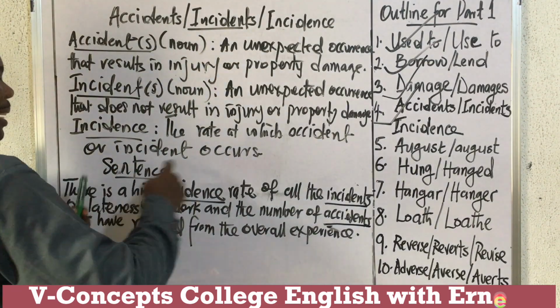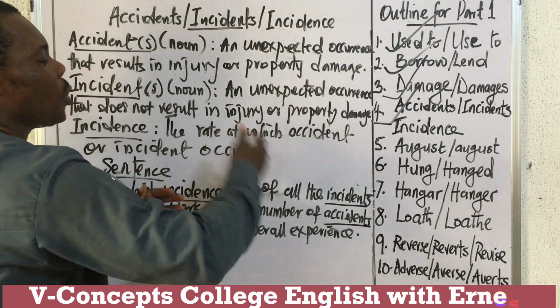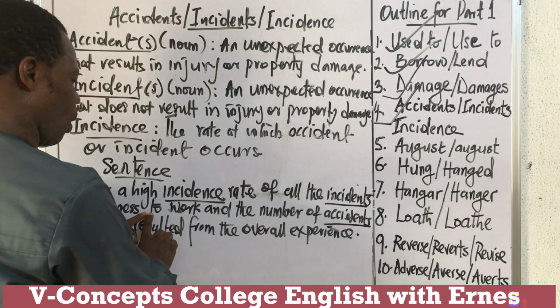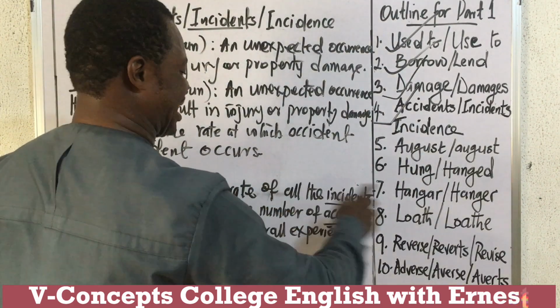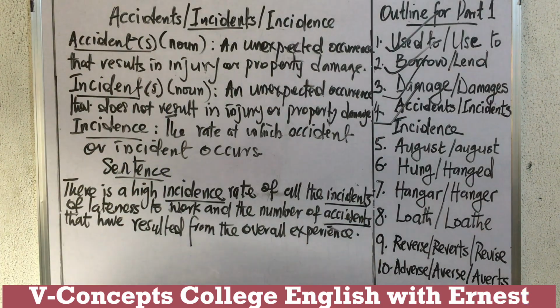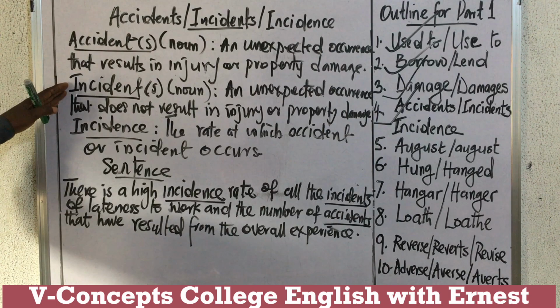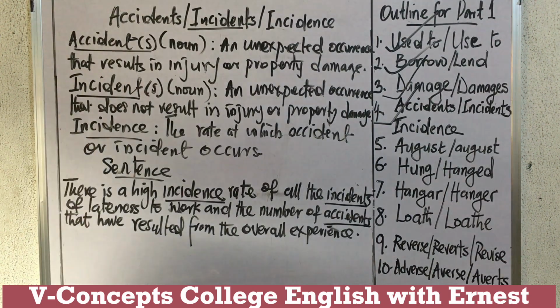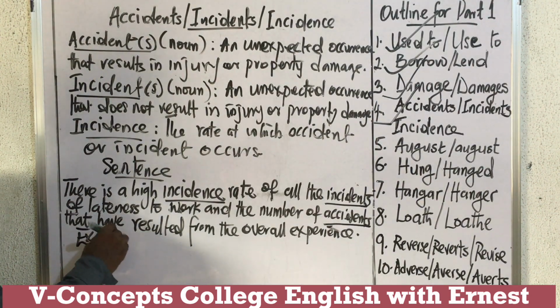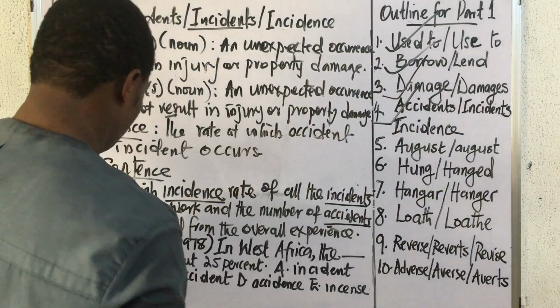This means there is a high counting number of all the experiences of people coming late to work and the accidents that have occurred as a result of lateness to work. So this is how we use accident, incident, and incidence. So now let's have an example and see how these elements are tested in the exam.